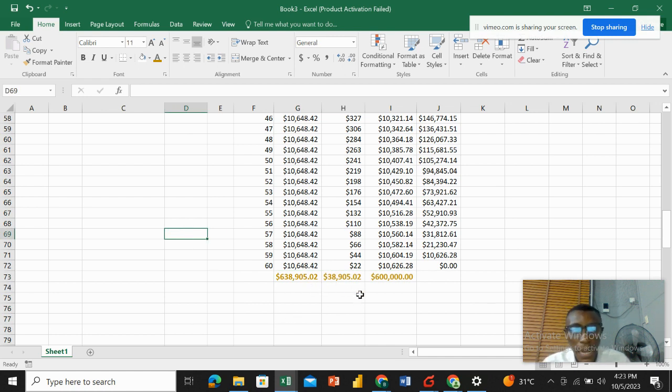So our principal gives us 600,000. Then our interest amounted to $38,905. Then this is our payment. This is all we are going to pay for the month.